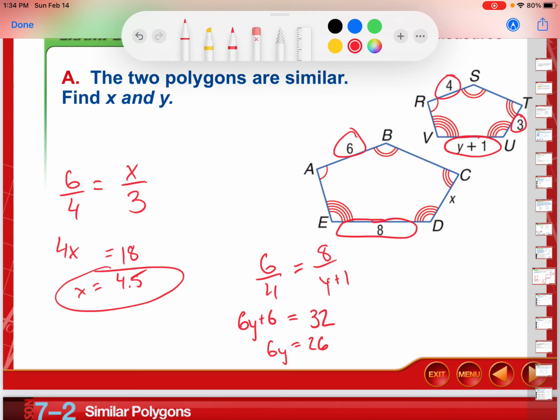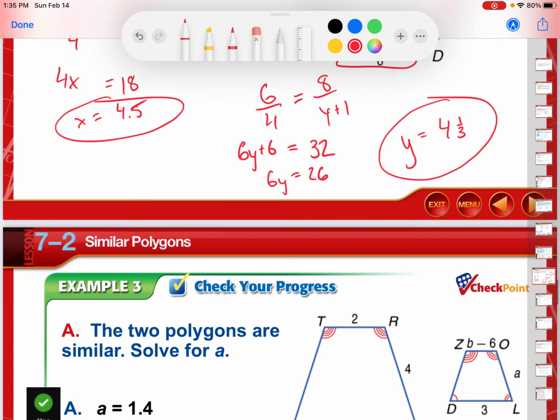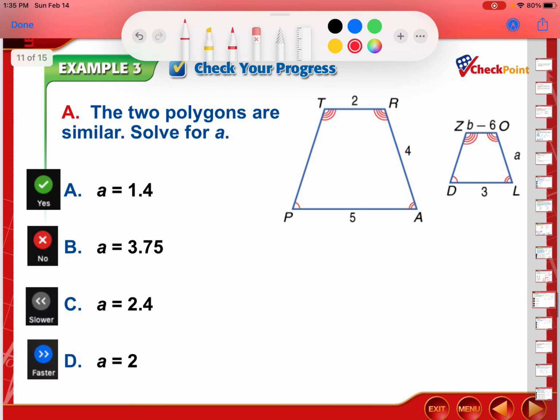And so we would end up with y equals 4 1/3. And that's all there is to that.